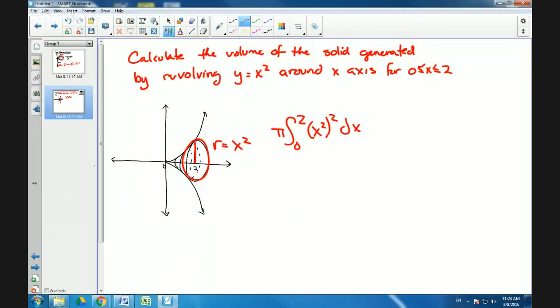Pi r squared. It's a constant, you can move it up. If you look in your book, that's the formula they give you. So you're just plugging the radius in. That's all you're doing.